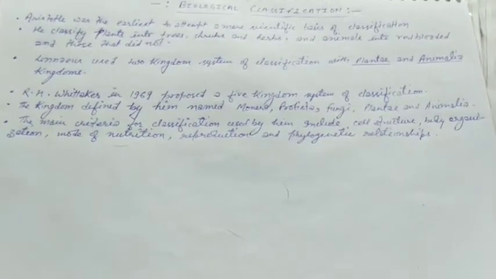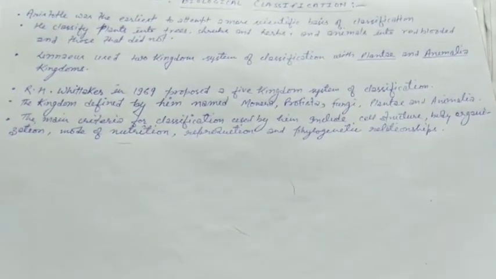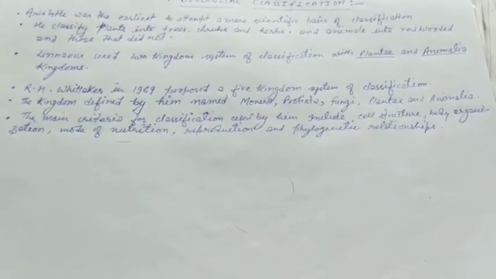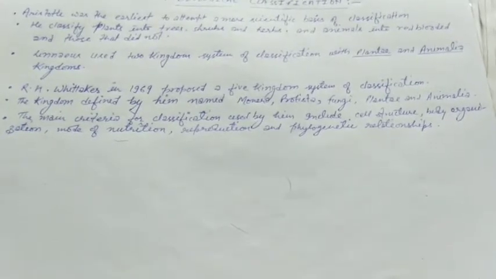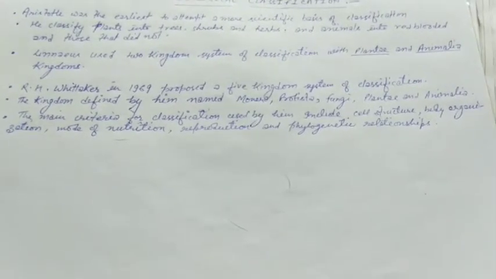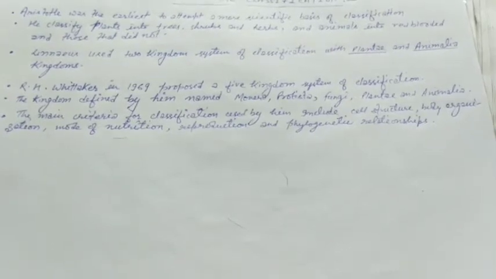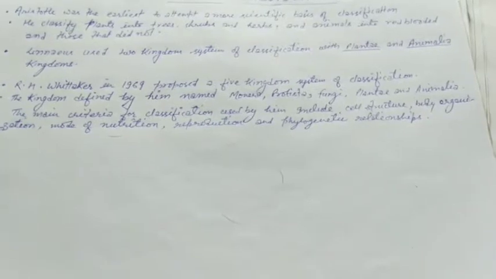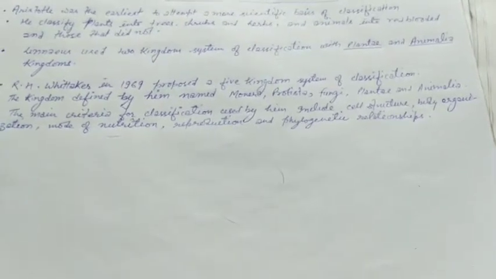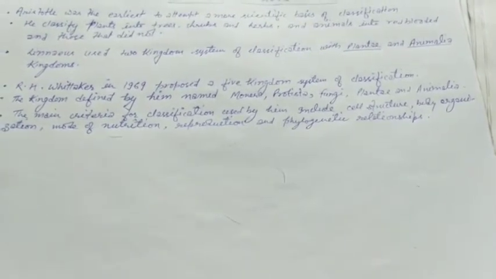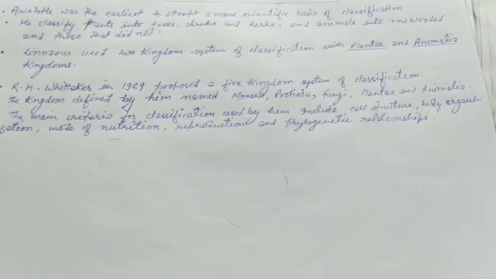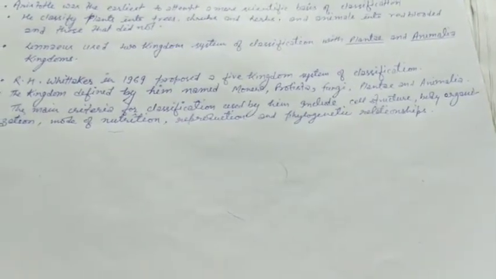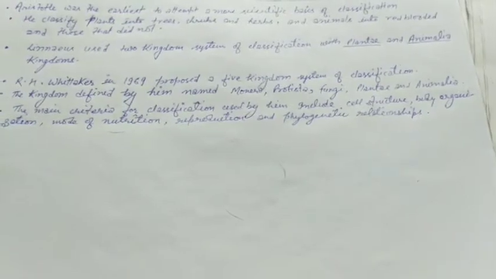Myself is Sumit. Today we'll be doing the second chapter, which is biological classification. In today's lecture, we'll be discussing types of biological classification, with our main emphasis on the 5 kingdom system of classification given by R.H. Whittaker in 1969.